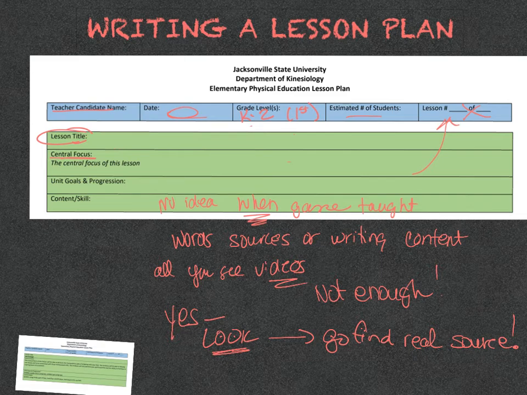So many students in 300 block will try to take the easy way out and just go straight to YouTube, watch the video, and throw something together because they've waited till the last minute or they're just being a little bit lazy. And when they get to class and they try to play this out and set the equipment up and teach students, it is a train wreck. And it's all because their source at the beginning was weak.